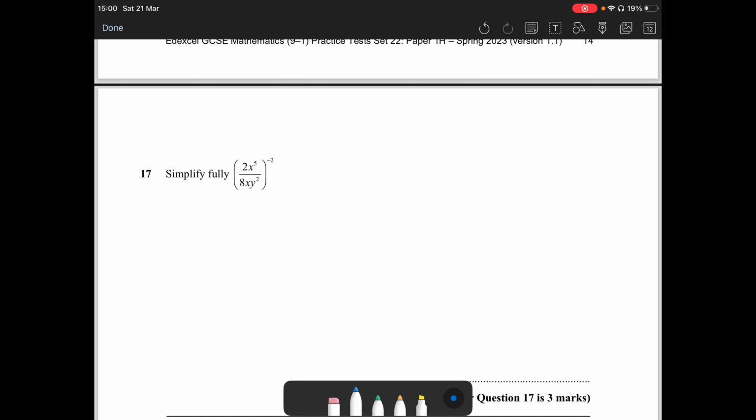There's various ways you could approach this. In my head, I'm thinking, do I flip it first or do I do the negative 2 first? You know what? Let's just, this is the same as 1 over, because of the negative, we can write all of this squared.